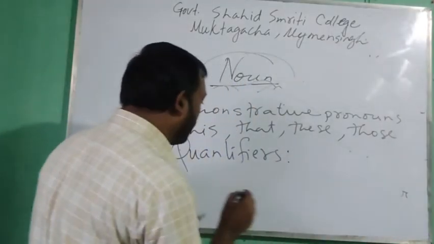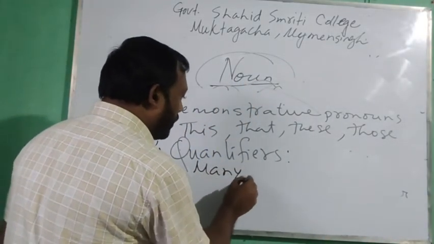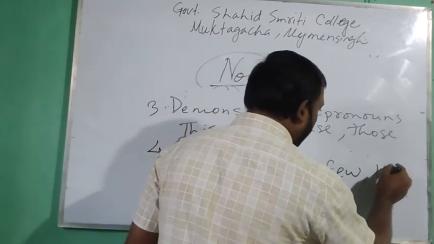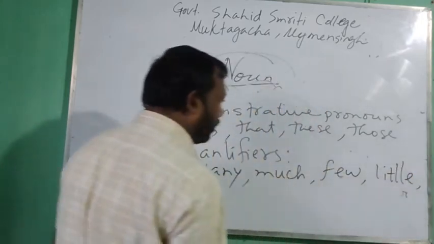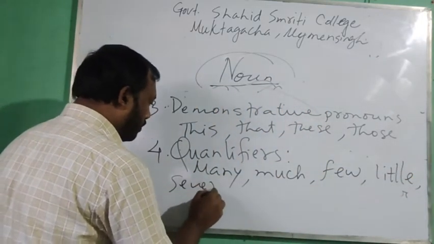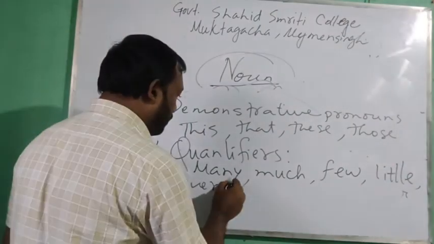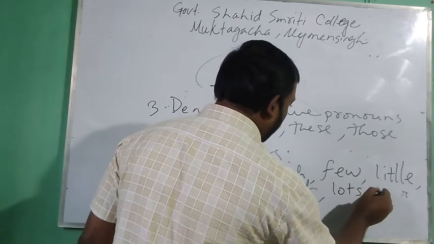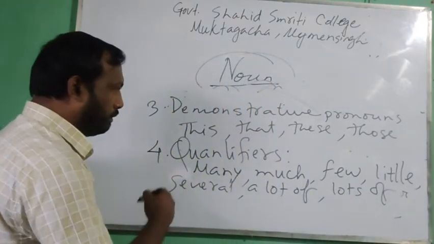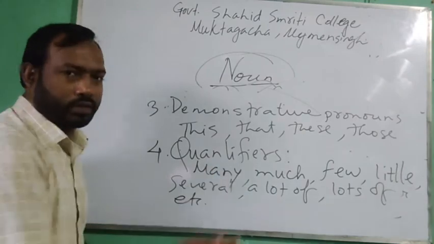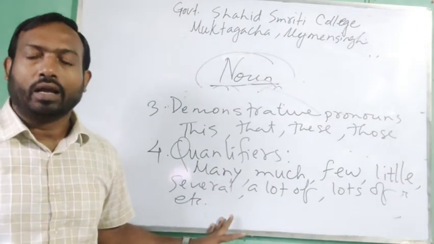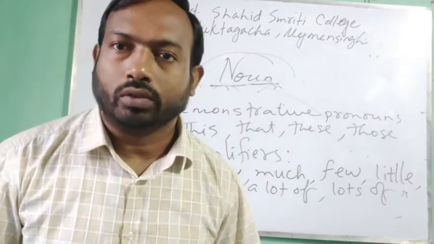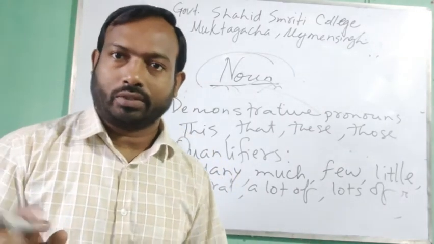So the words we usually use here are many, much, few, little, several, a lot of, lots of, etc. So these are the words we usually use as quantifiers of a noun. So these are modified determinants.